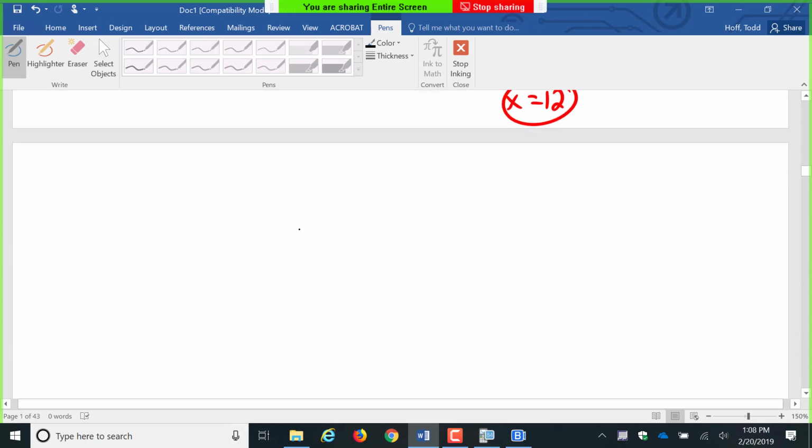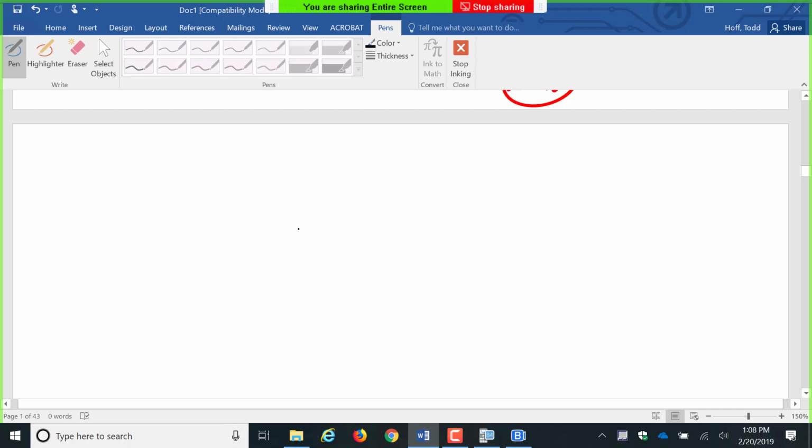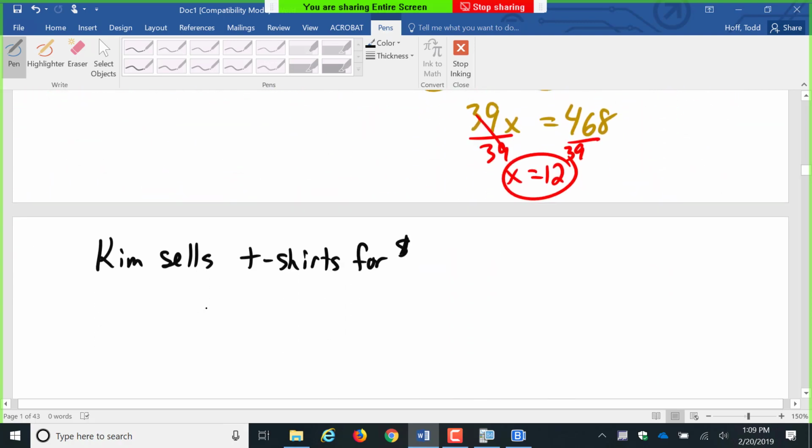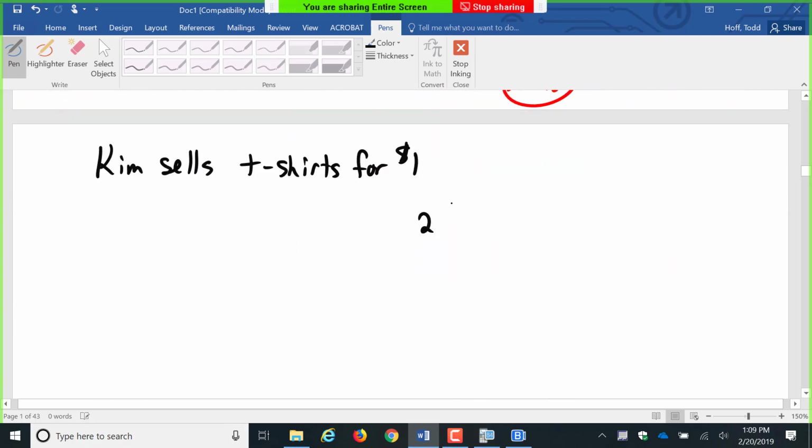Well, what if there's a slight difference in this? So Kim still going to sell t-shirts for $12 and hats for $9.